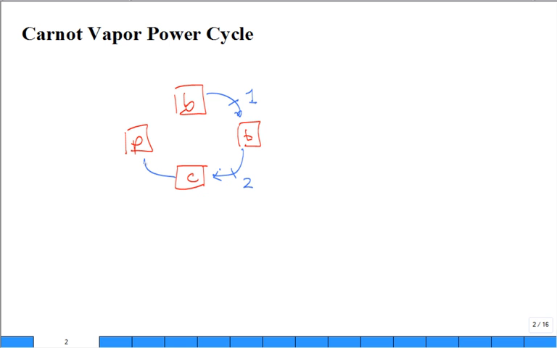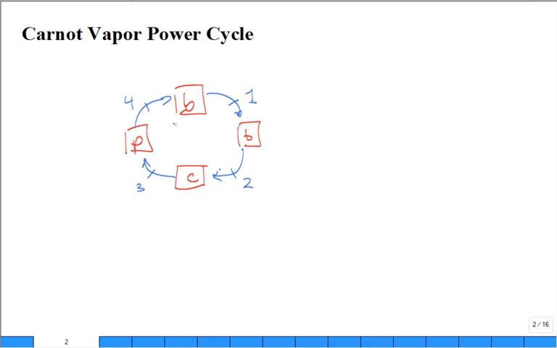So when we say the Carnot vapor power cycle, do you recall the four components? Yeah, the turbine, condenser, pump, boiler, from memory. And then we have the states. Put them in this order so that state 1 is in the upper right, state 2 is in the lower right, state 3 is in the lower left, and then upper left is state 4.